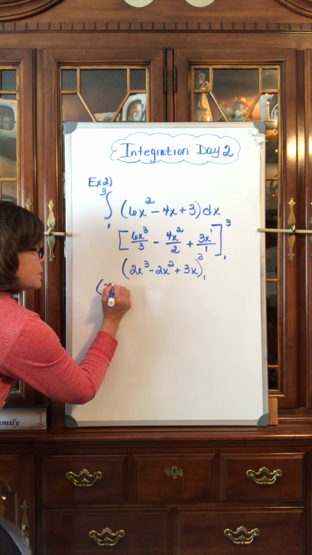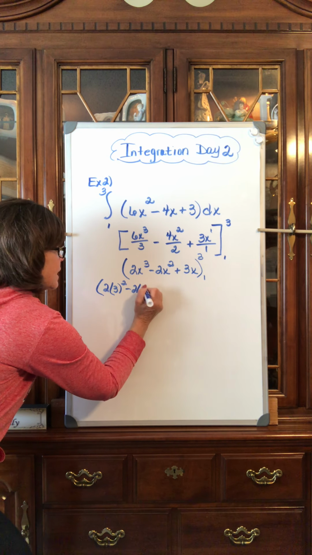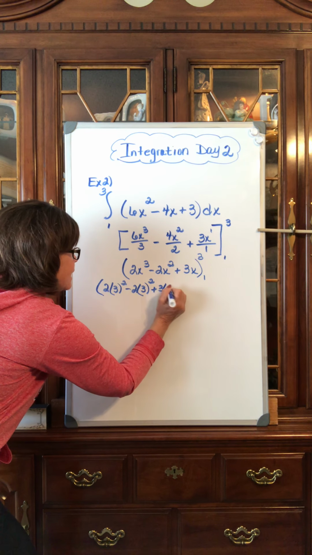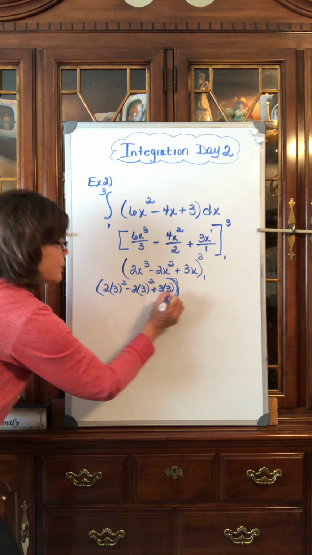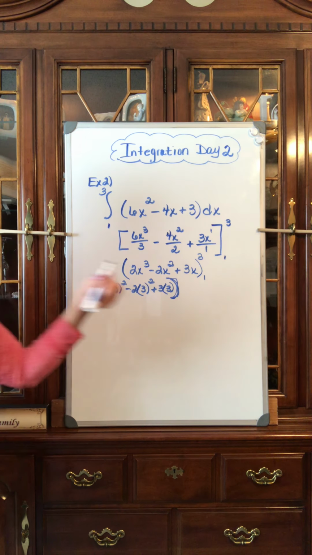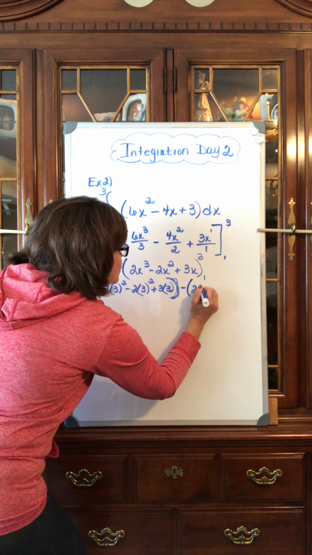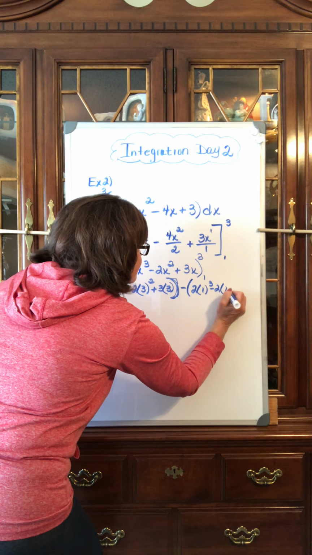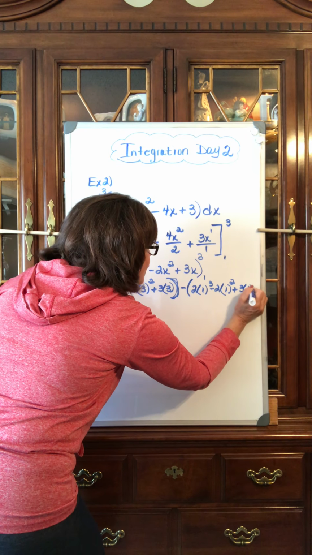So 2 times 3 cubed minus 2 times 3 squared plus 3 times 3. Whoops, I was using parentheses. Then plug in the bottom number. You're going to subtract 2 times 1 cubed minus 2 times 1 squared plus 3 times 1.